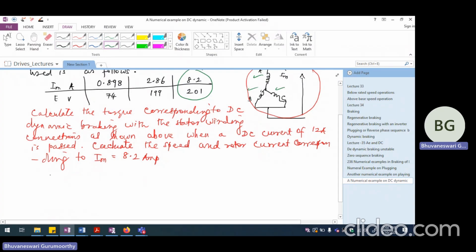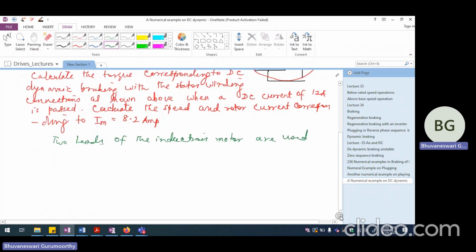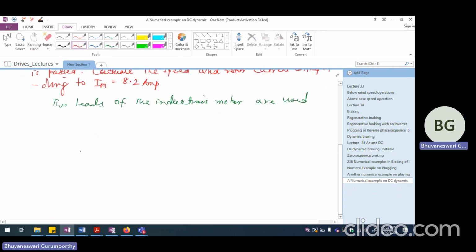So there are two different types of connections where only two leads of the induction motor are used. So in two lead connection, what we looked at was something like this.